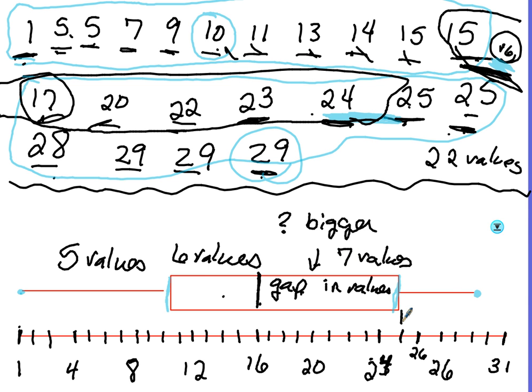And then this one is 28 and up, so 4 values. Now, if I'm not mistaken, I think that would explain the gap.